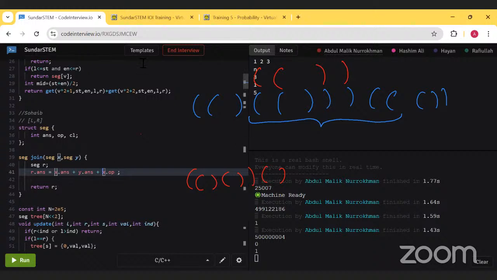So the formula is not like that. Yes, that's correct. We want to take the minimum.